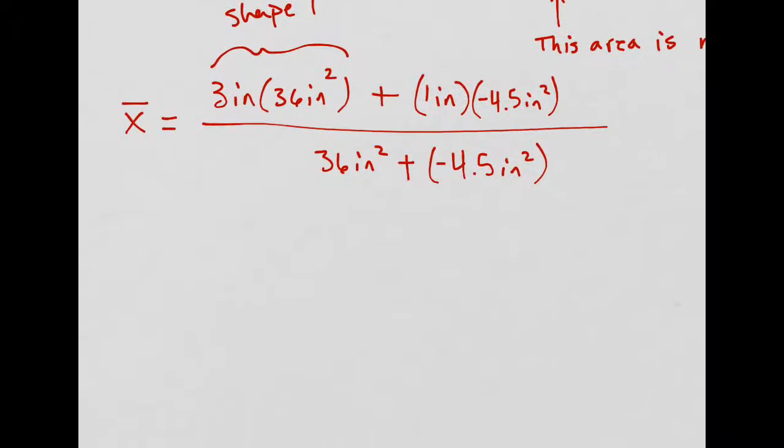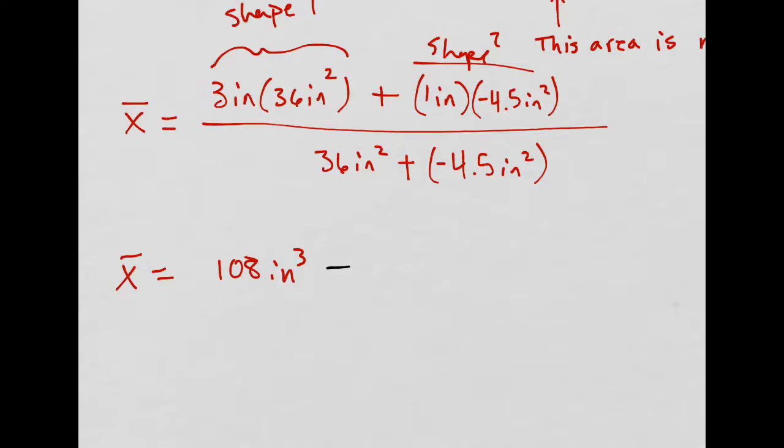So let's see. So that's shape 1. This is shape 2. 3 times 36, that's 108. That's inches cubed. And I'm adding, well, actually it changes to subtraction, right? Because of that negative there.